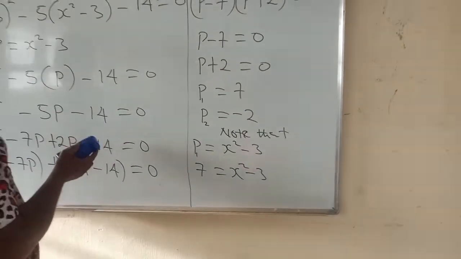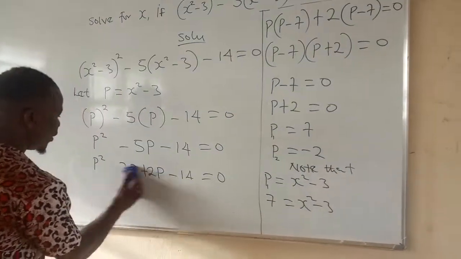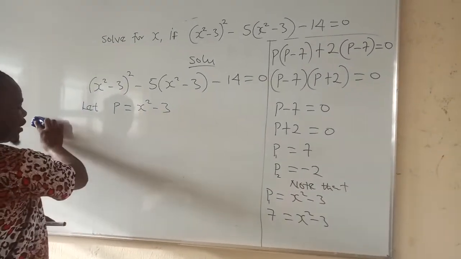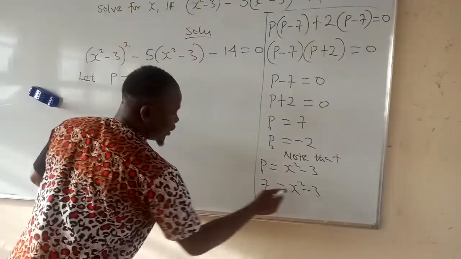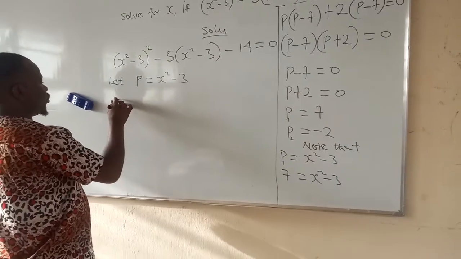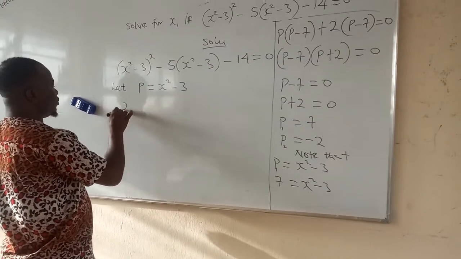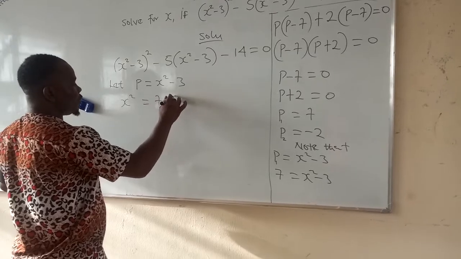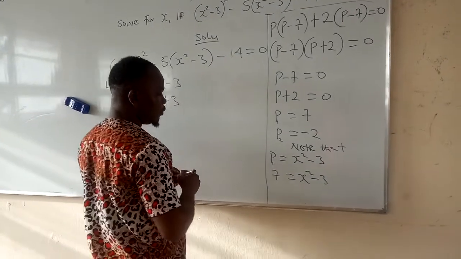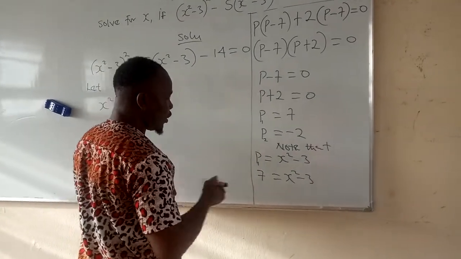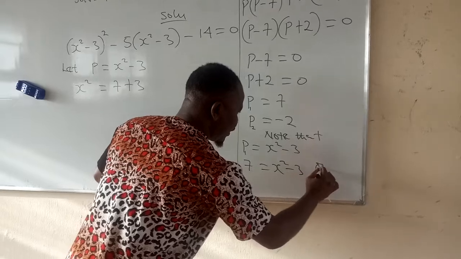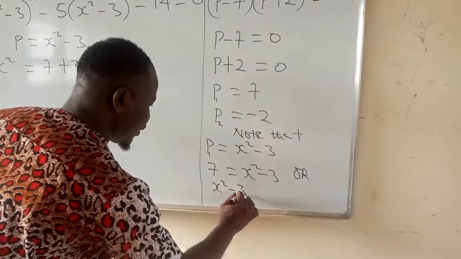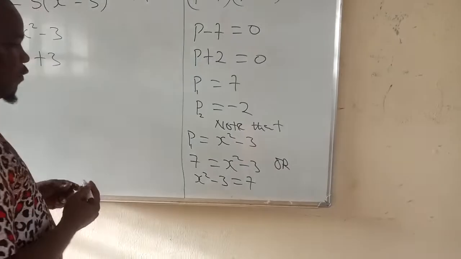So if you agree with me, it implies that we collect like terms here. So if we collect like terms, definitely it will be x squared equals to 7 plus 3. Or we can rewrite this either this way, x squared minus 3 equals to 7, for the sake of clarity.